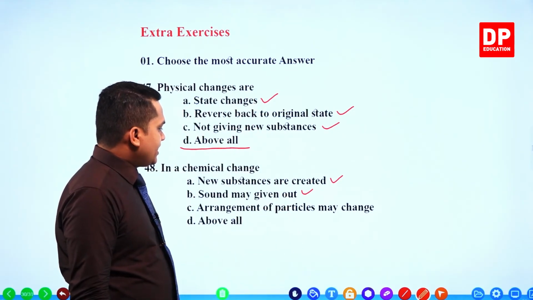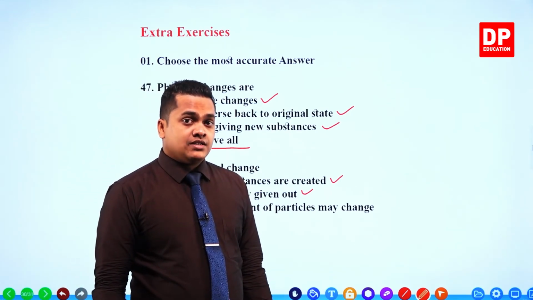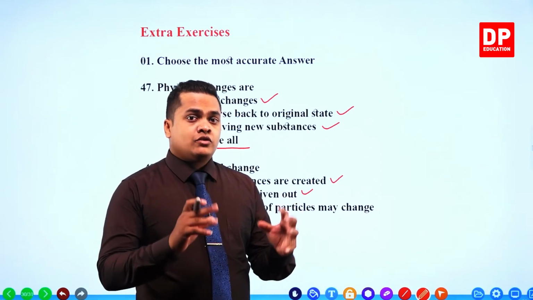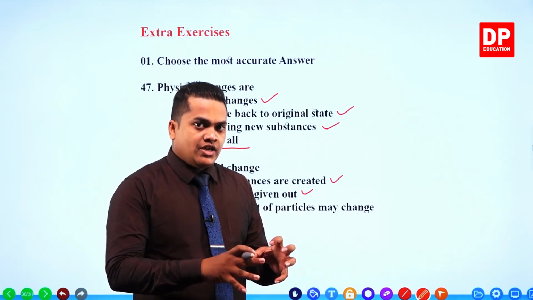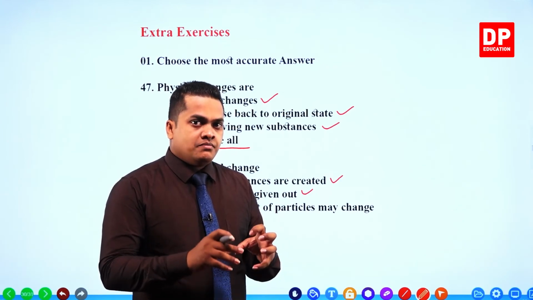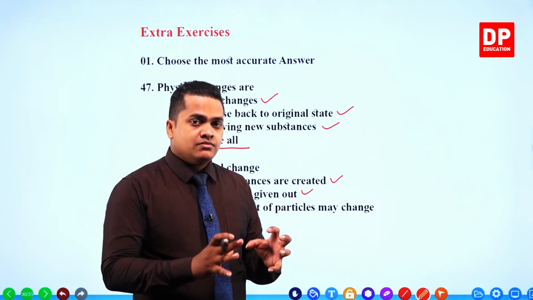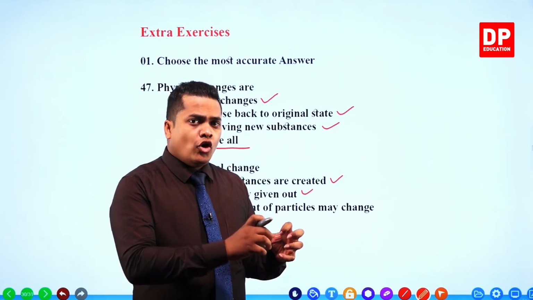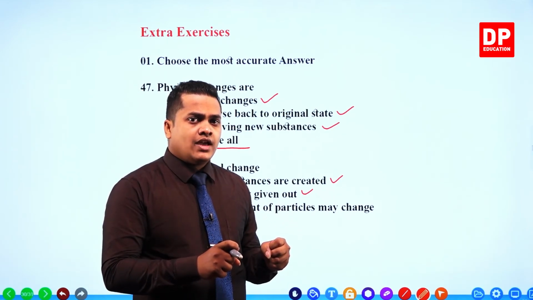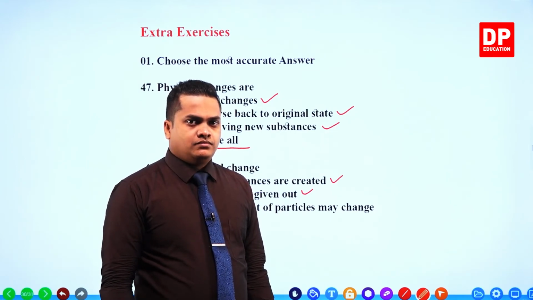Next one, arrangement of particles may change. That is also correct, my dear children. By changing the arrangement, the structure, the order of the arrangement of the atoms, new substances are getting created, right?